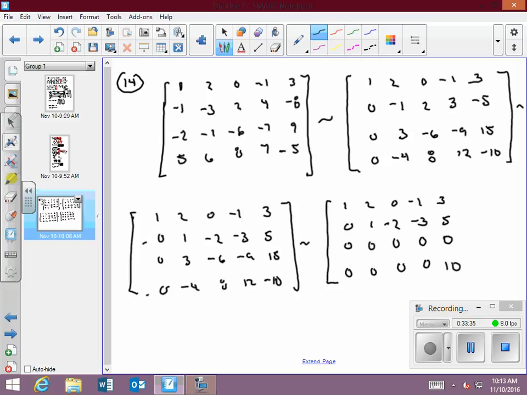That's what the error is in my original problem. Then that makes this one a minus 20. And then this makes this one 0. Okay.